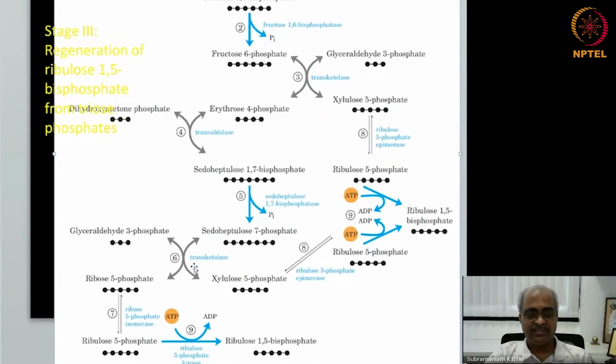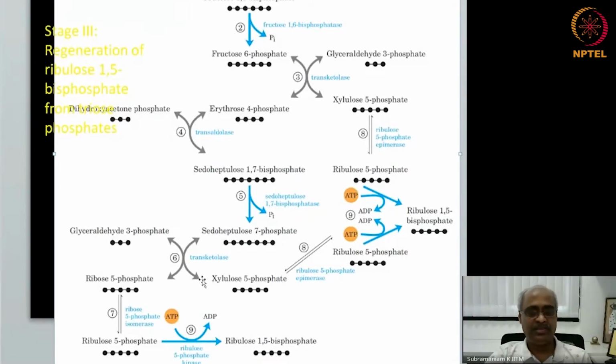via another ketolase reaction, transketolase reaction, then one more glyceraldehyde phosphate entering. First one we saw, then second one, and third one here. And that produces 2 pentoses, one aldose and one ketose, keto sugar. Okay. And these molecules isomerize, gain a phosphate to become ribulose 1,5-bisphosphate.